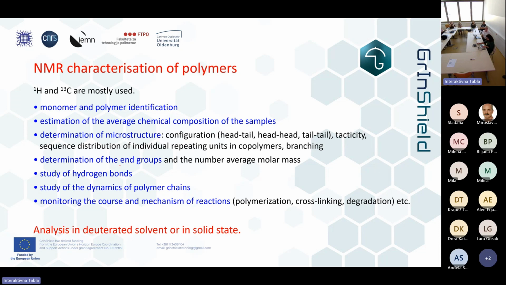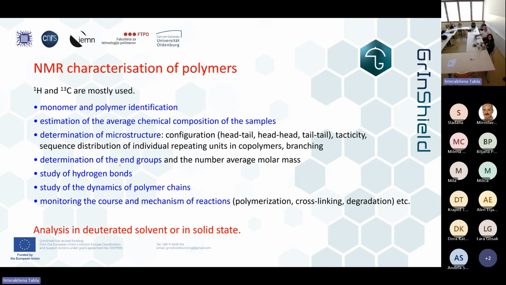And tacticity, sequence distribution of repeat units in copolymers, or we can also determine the branching in polymers. End group determination is important for determining the average molar mass of the polymers. This, however, can be done if molar masses or molecular weights are relatively small. If they are very high, then it will be very hard to obtain good NMR spectra to calculate this.